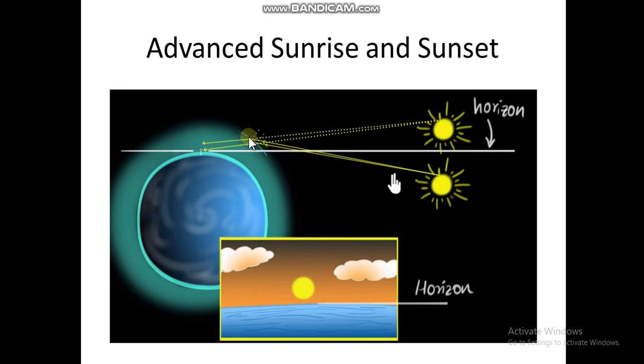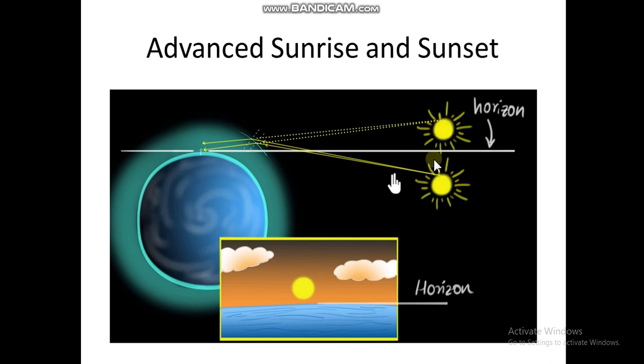But because of atmospheric refraction, the light gets bent and reaches the eye of the human, and he sees the sun in this position. So for him, the sun appears here, but actually it is located in this position. This is the apparent position of the sun, and this is the real position of the sun. But because of atmospheric refraction, the person sees the sun in this position.